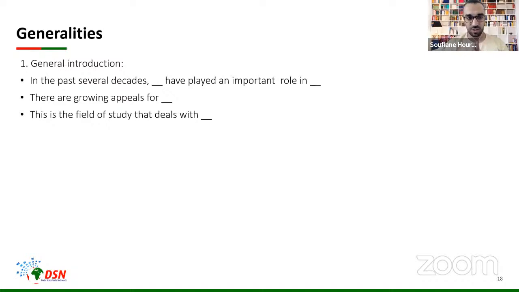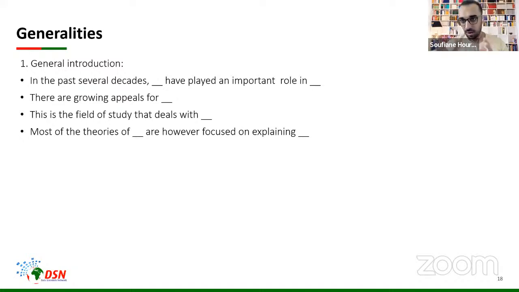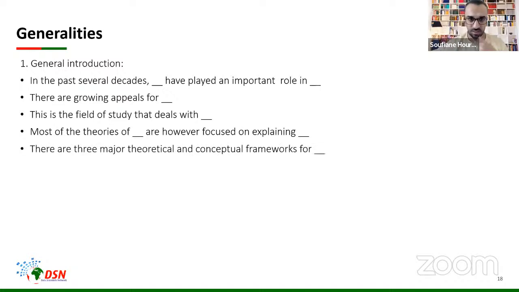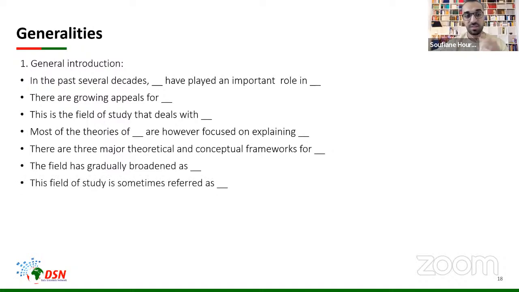For example, most of the theories, methods, or studies of something are, however, focused on explaining that. There are three major theoretical and conceptual frameworks for something. The field has gradually broadened, as this field of study is sometimes referred to as, or this has been widely adopted in the field of something. This is just the general form.